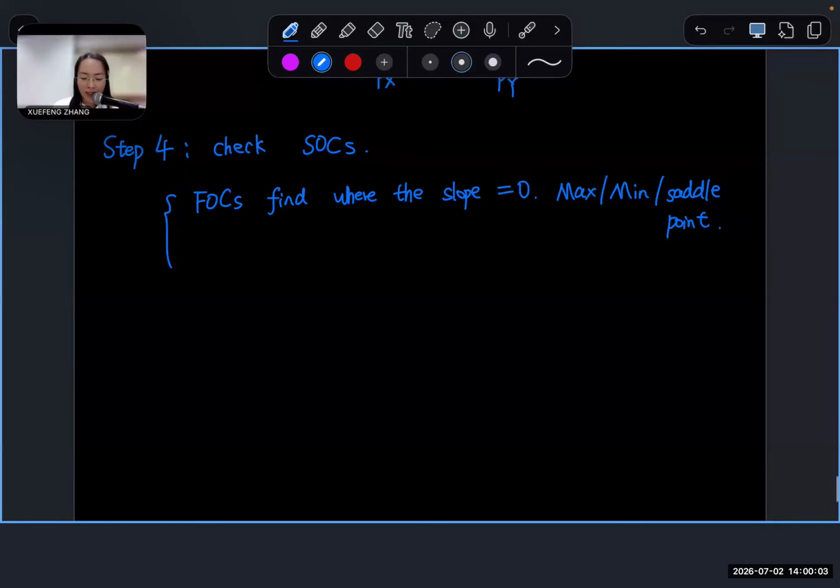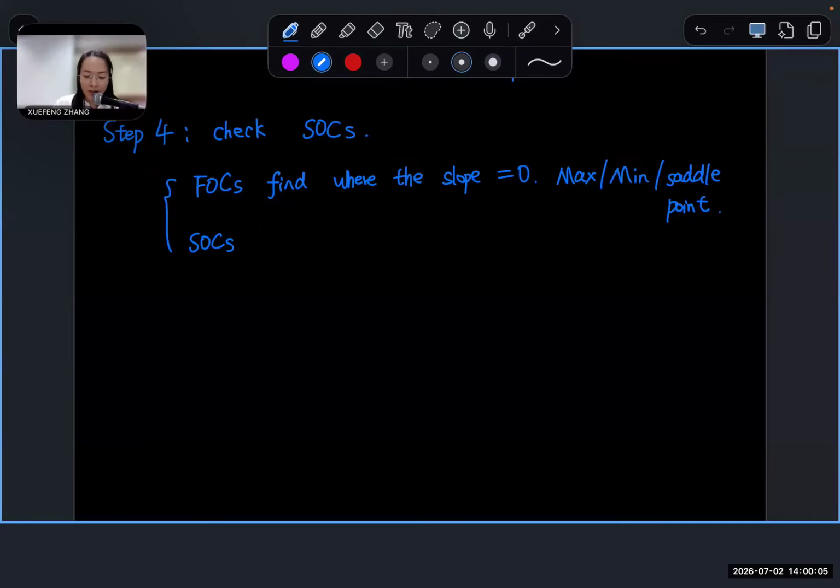That's why we need second order conditions, to confirm it is truly a maximum, because here we have a utility maximization problem.